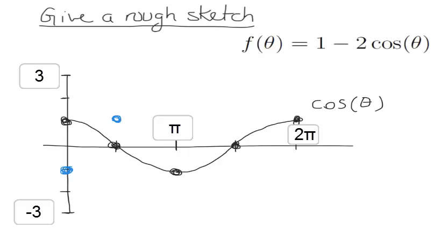And then we have pi and 3, which is going to be up here. And then 3 pi by 2 and 1 is here. And finally 2 pi, negative 1 is here. And if we were to connect these together like so, we get 1 minus 2 cos theta.